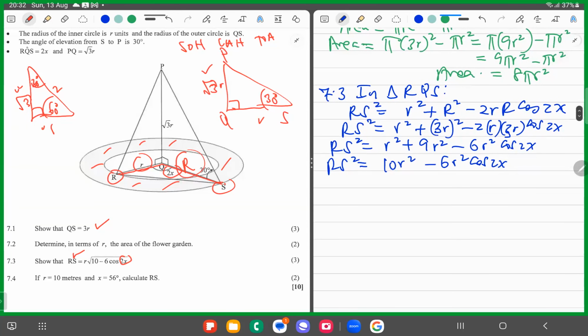Therefore, you can pull out a common factor, which is R squared, into 10 minus 6 cosine 2x.